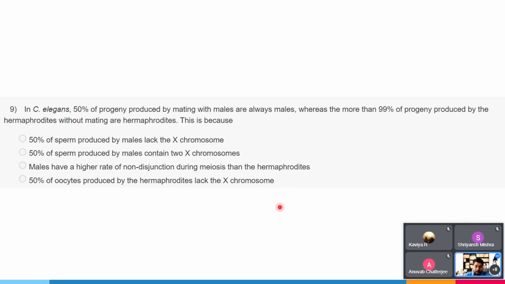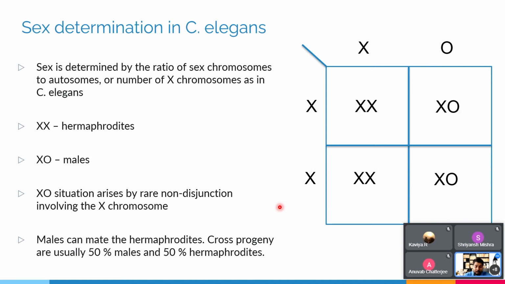I guess not. So this has been extensively discussed in the lectures itself, how sex determination occurs in C. elegans. Sex is determined essentially by the ratio of sex chromosomes to autosomes, or we can simplify it as the number of X chromosomes as in C. elegans.